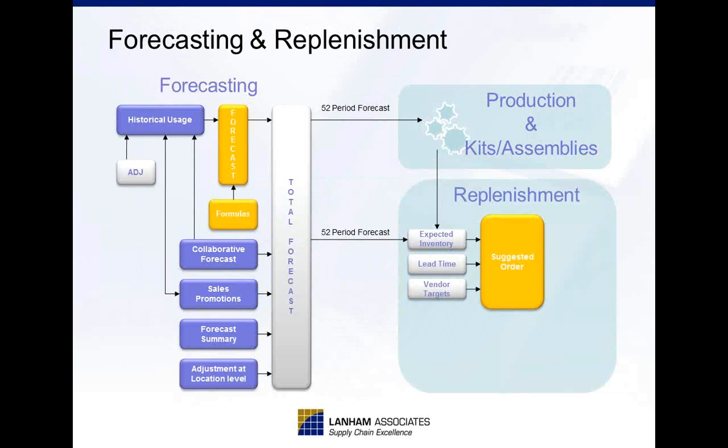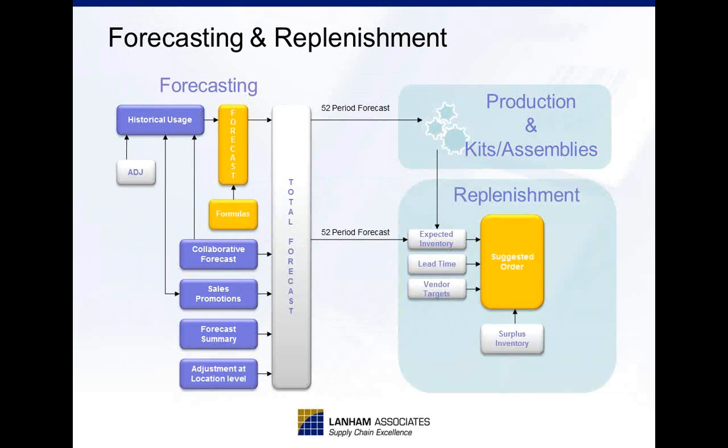One of the other unique features of advanced forecasting and procurement is when we're getting ready to buy and we're looking at what do I need to buy from this vendor, we will also look and see, does any surplus inventory exist at any other location? So this is helping to find that hidden inventory, find that cache, and help you to determine, do I have excess inventory at another location?